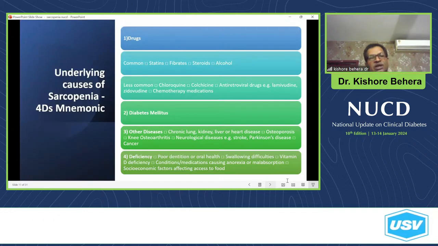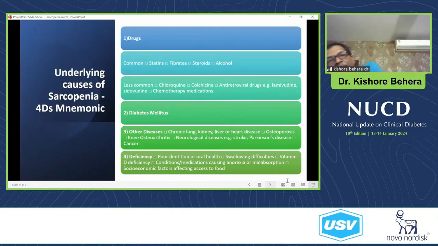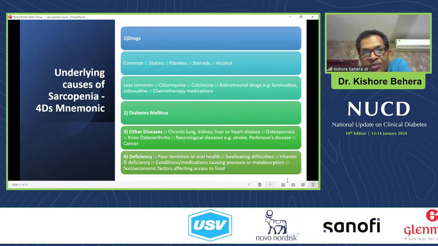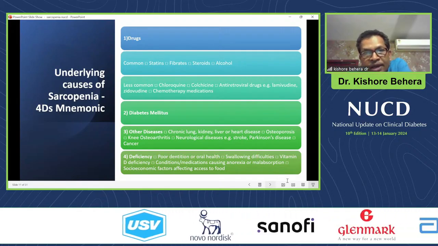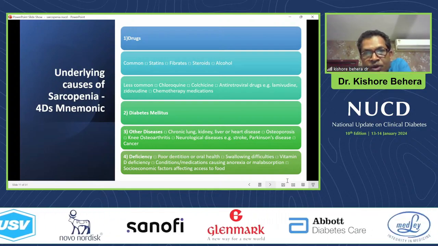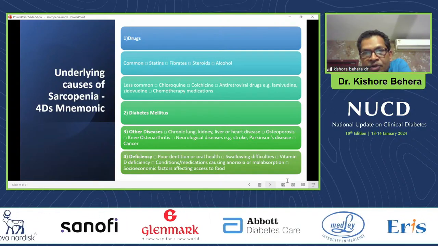By using a simple mnemonic, we can have 4D like drugs, the most important being statin, fibrates, steroid, and alcohol, and others less common like chloroquine, colchicine, and antiretroviral drugs.